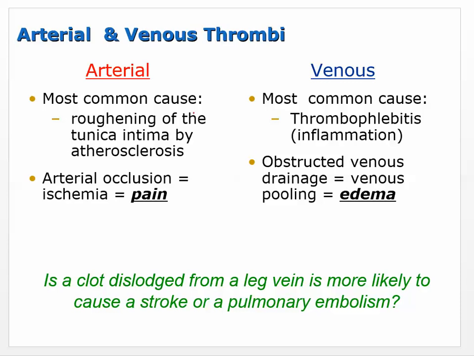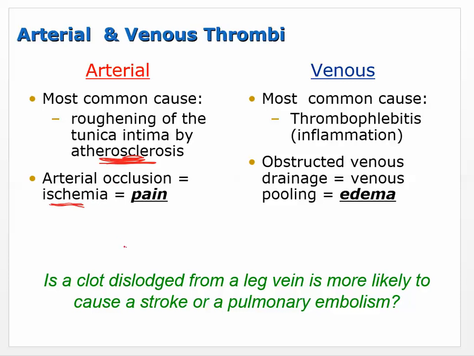Arterial, most common cause, roughening of the tunica intima by atherosclerosis. Okay, so that's going to result in a thrombus. You might have arterial occlusion. Angina is pain caused from some kind of ischemia that could be from a thrombus that was thrown.